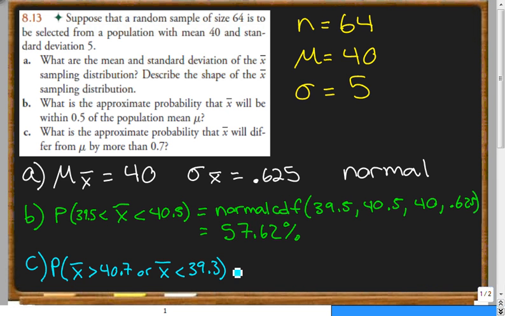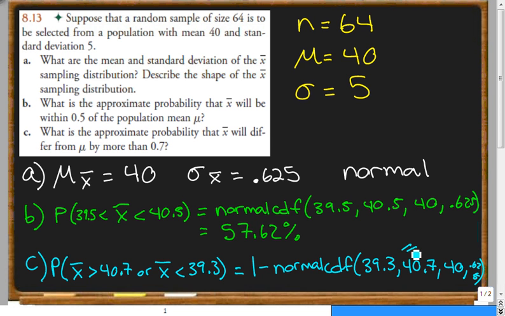So this is the same thing as 1 minus the normal CDF of our lower bound, which is 39.3, our upper bound, which is 40.7, our mean, which is 40, and our standard deviation, which is 0.625. Sorry, running out of room.